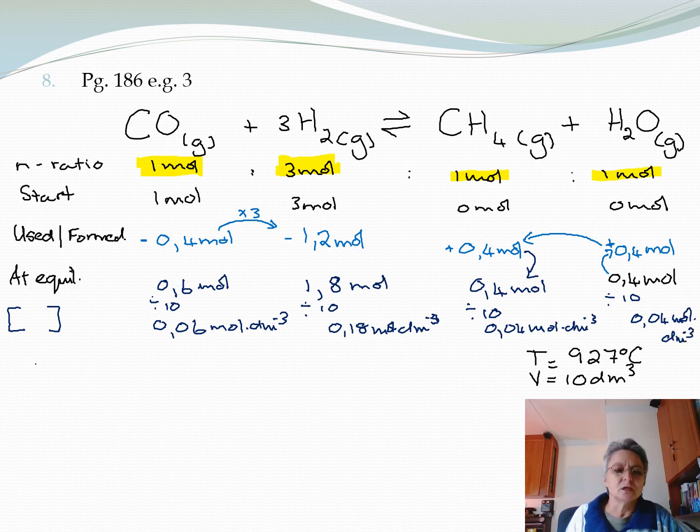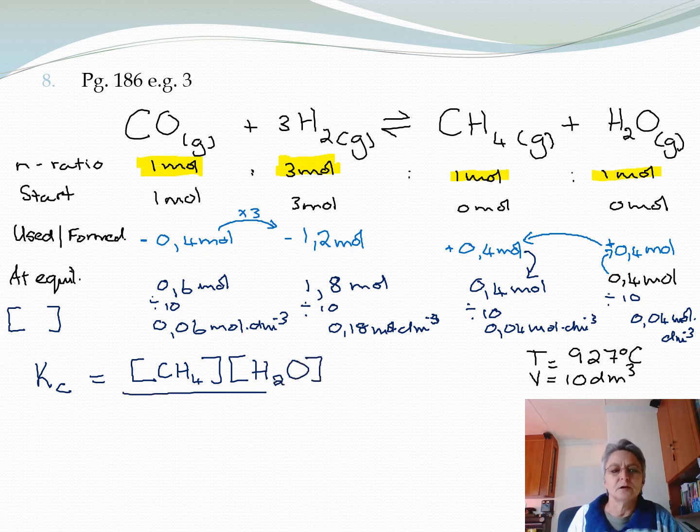Now it's easy to get the Kc value. It would be the concentration of the methane times the concentration of the water divided by the concentration of the carbon monoxide times the cube of the concentration of hydrogen.